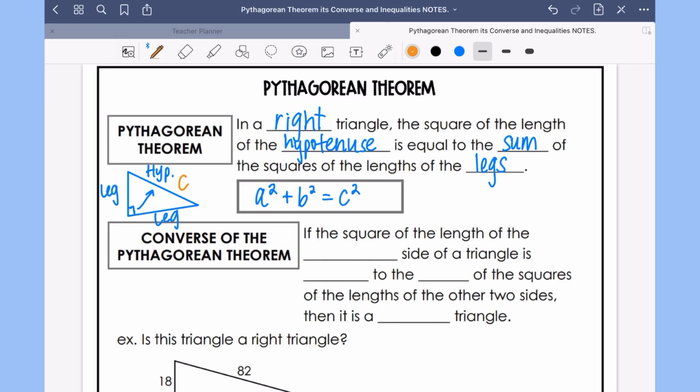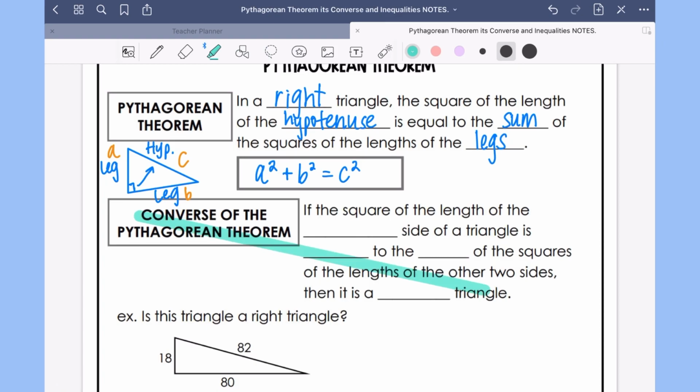And then A and B. Now, this is very important. It does not matter what you choose for A or B as long as they're both legs. So you could choose this A or B on the sides, okay? For time purposes, we are not going to fill this in.